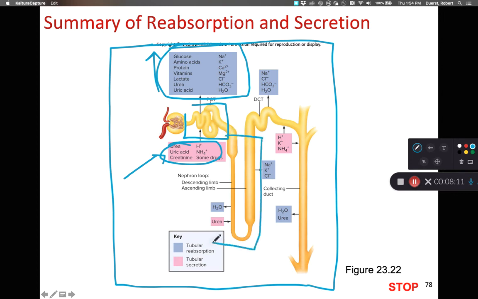Within the nephron loop, we're going to be primarily concerned with reabsorbing water and secreting urea and some dissolved electrolytes as well. Within the distal convoluted tubule, we are going to modify pH. And we modify pH by either adding hydrogen ions and or absorbing bicarbonate ions. And then in the collecting duct, we reabsorb, so we lose water and urea.